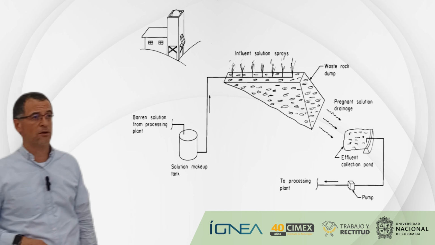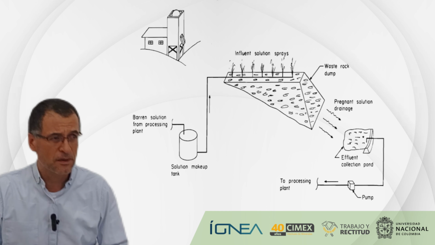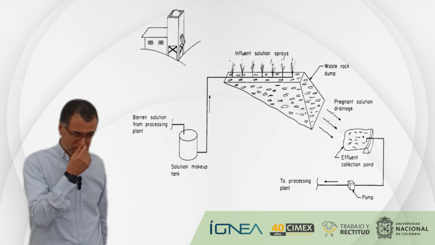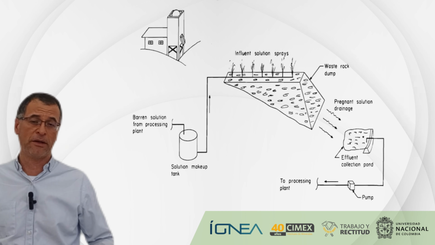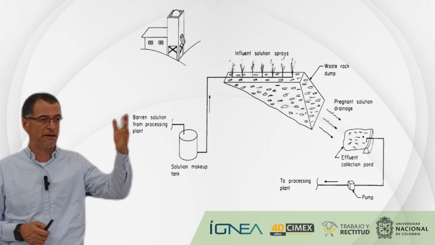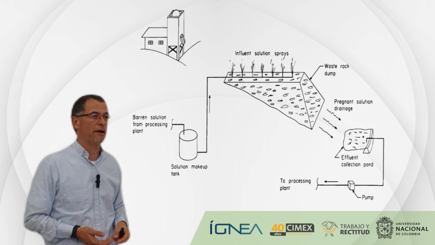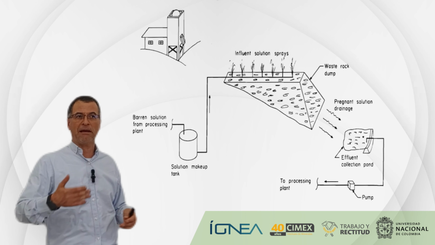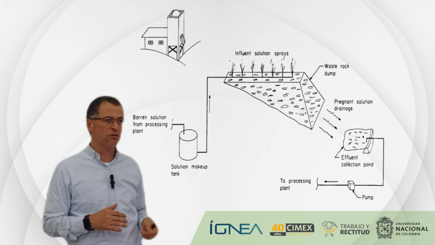Another kind of method is leaching in tailings, in dams. It's relatively common when you have some special kinds of ores, or a low-grade mineral with very low concentration.